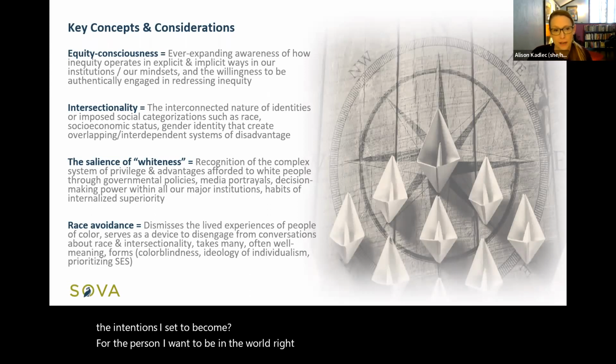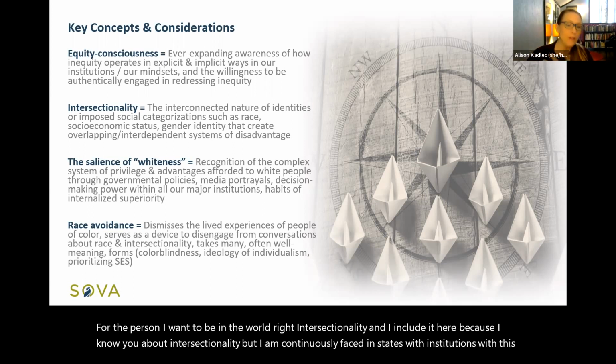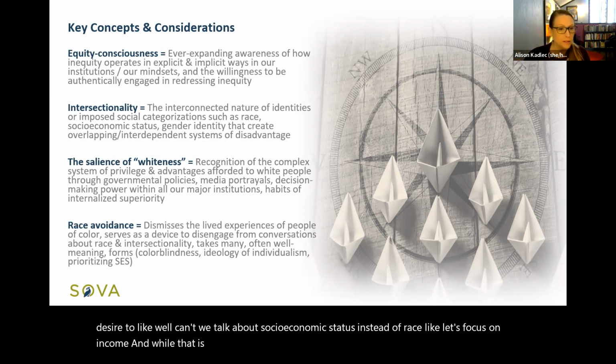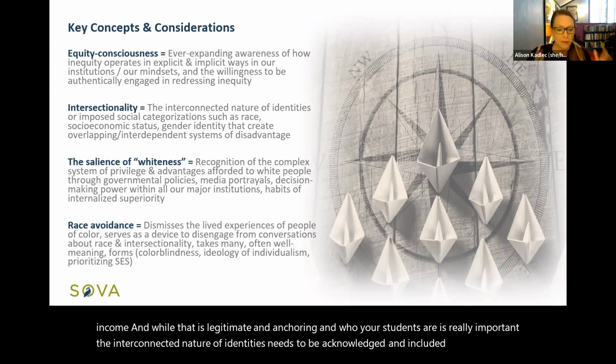Intersectionality, and I include it here because I know you all know about intersectionality, but I am continuously faced in states with institutions with this desire to say, well, can't we talk about socioeconomic status instead of race? Let's focus on income. And while that is legitimate and anchoring in who your students are is really important, the interconnected nature of identities needs to be acknowledged and included in how you think about and approach your work.